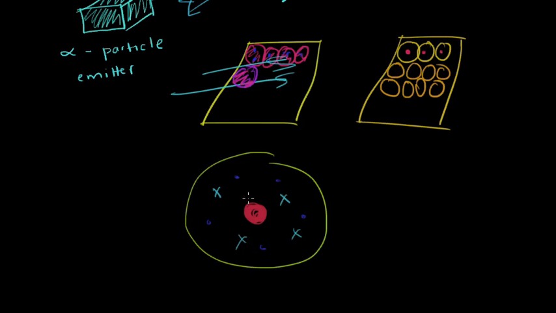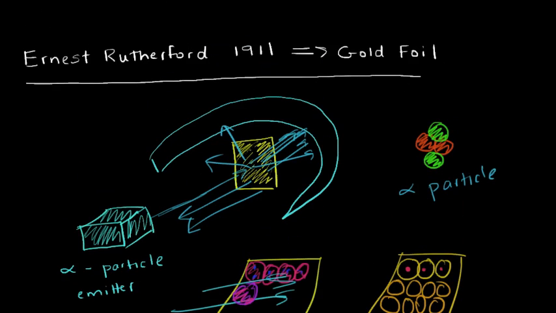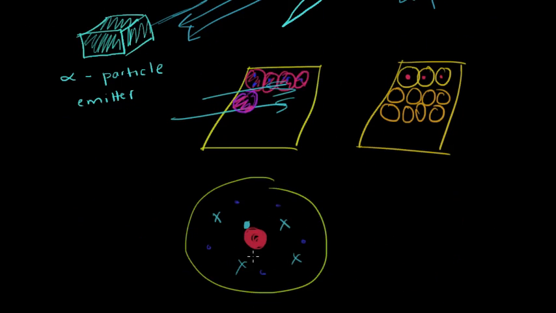However, when some alpha particles maybe experienced a near impact with the nucleus, they went here and here, they were deflected. We know the alpha particles have a positive charge. Remember that they're just 2 protons and 2 neutrons. Of course, the nucleus has a positive charge because of all the protons. We know that now. Whenever they came close to the nucleus, the alpha particles would swerve off like that and swerve off like that because of the repulsion between the positive charges.